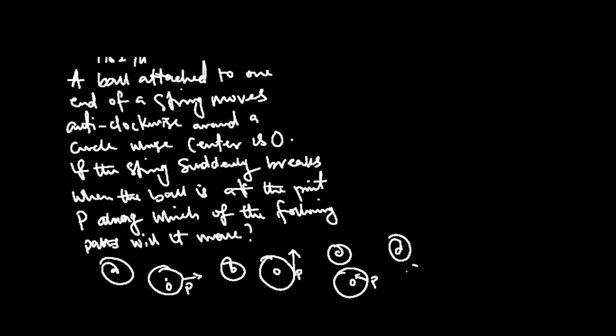For D, you have the center O, the ball moves like this. Which one will be correct? B, sir. Option B. That's correct, because whenever a ball moves like that, it moves tangential to the path. Yes. All right.